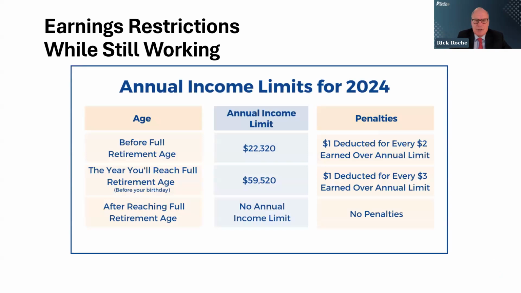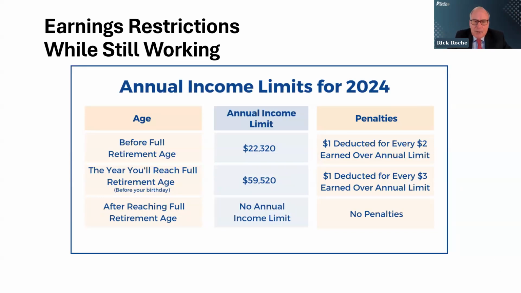Now, let's say you claim your Social Security before your full retirement age. Let's say it's 67, but you claim it at age 62, 63, 64, whatever, prior to age 67. You're going to be penalized for every dollar of your Social Security benefit that you earn over this annual income limit. If you earned over $22,320, $1 of benefit will be taken away for every $2 over.